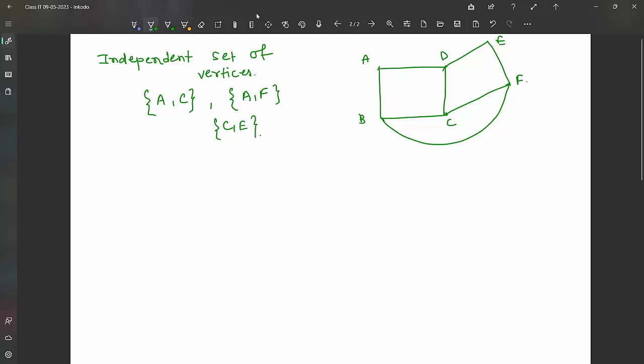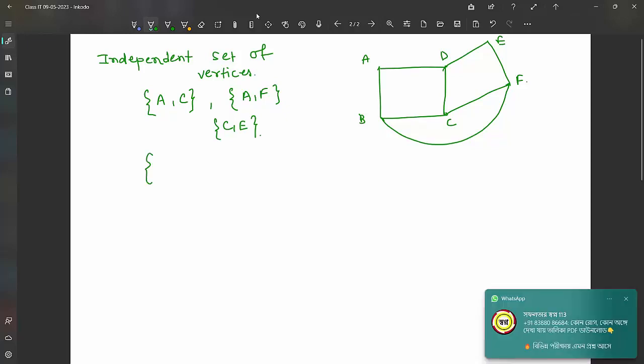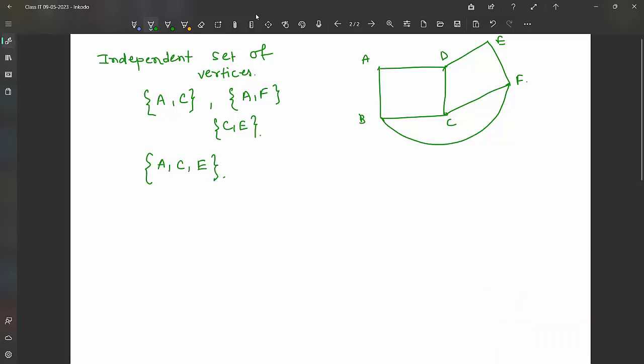These 2-element sets are there, but here you will also get some 3-element set like ACE. You will get A, C and E. Actually these are not adjacent to each other. Any other 3-element set? B, D and F, because B and F are connected, so you cannot take that, but you can take this A, C and E here.